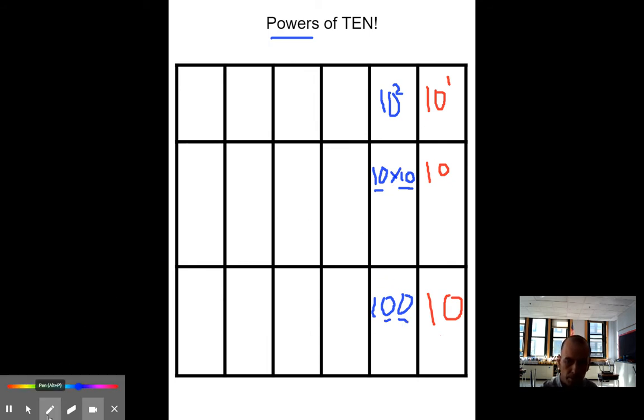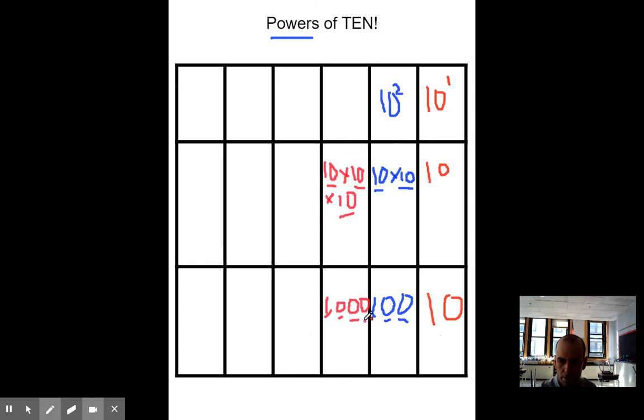Now, if we keep going, and if I had 10 times 10 times another 10, so three tens, 10 times 10 is 100, times 10 would be 1,000. You put 1,000 here. So notice I had one ten, two tens, three tens. That's why I have 1, 2, 3 zeros. See where that comes from?